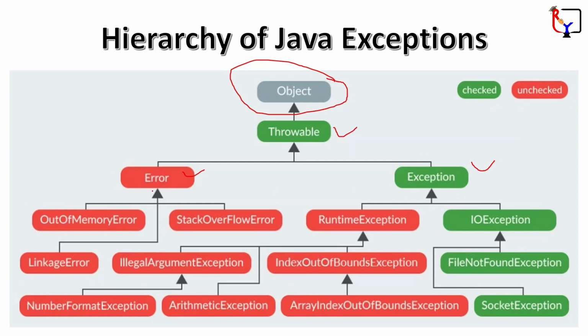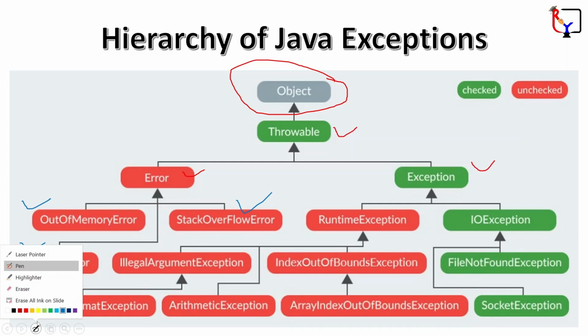In Error, we can face many types of errors, like out of memory error, linkage error, and stack overflow error. In Exception, we have many types: runtime exception, IO exception, where IO means input or output, index out of bounds exception, file not found exception, arithmetic exception, illegal argument exception, number format exception, or socket exception.